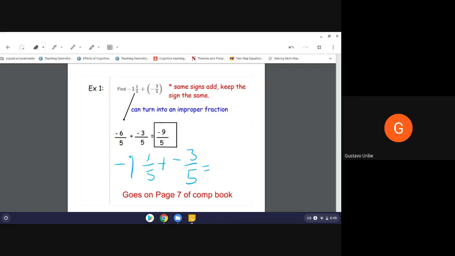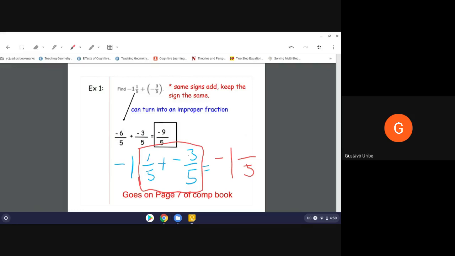So I know that I'm going to add and keep the sign the same, so my answer is already going to be negative. I have one whole, so I'm just going to keep the whole there, and I'm going to focus on adding these fractions right here. My denominators are the same, so my fraction is going to have 5. And this is a negative because this whole 1 was a negative.